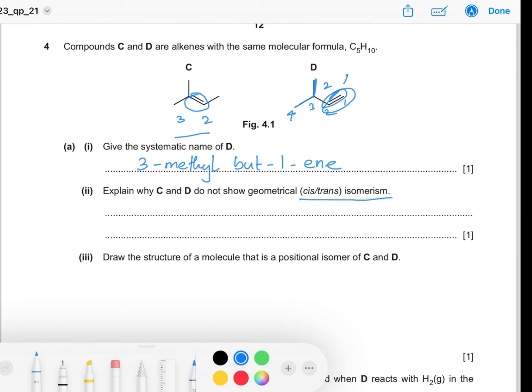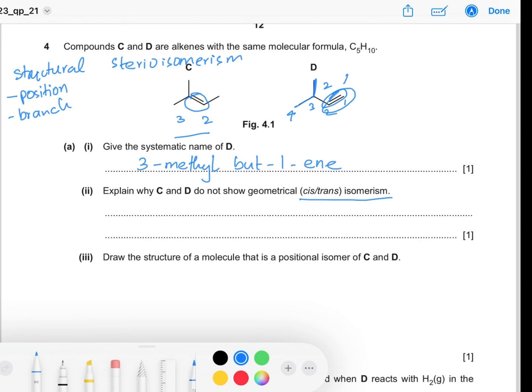Okay, so isomerism has 2 main types: structural and stereoisomerism. We discussed structural isomers in the previous part, which can be due to position of functional group or due to branch. Right.